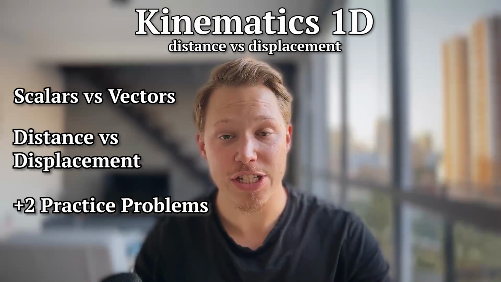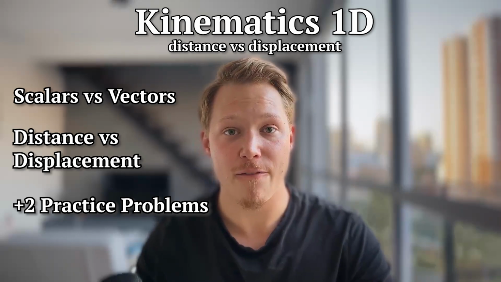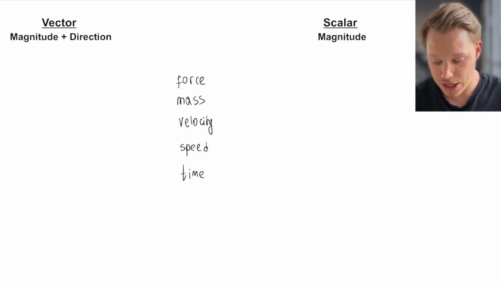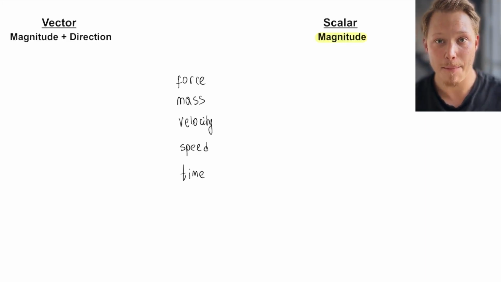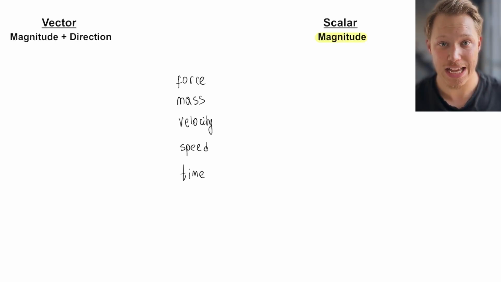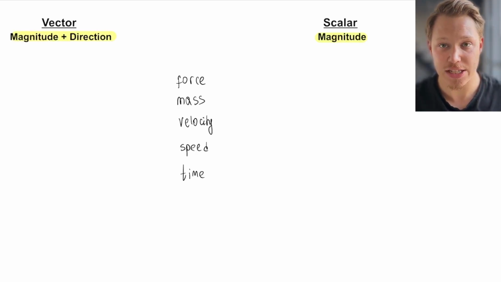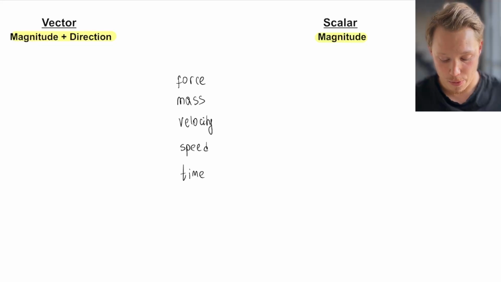So let's start our discussion by talking about vectors versus scalars. Now, scalars are quantities that only have a magnitude, meaning they only have a number attached to it, versus vectors that have magnitude plus the direction. For example, something like force.